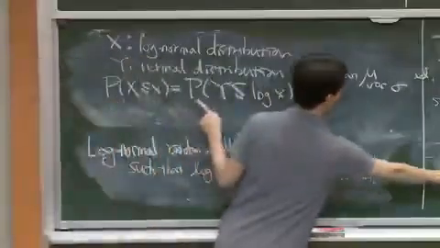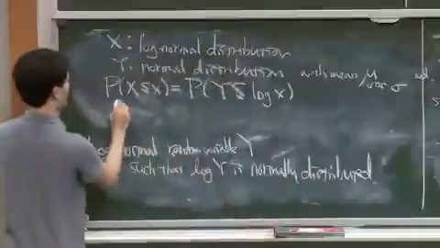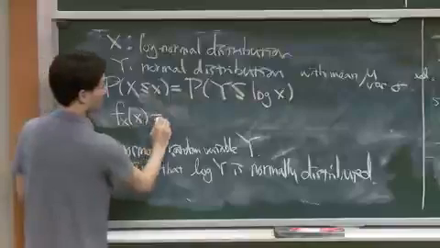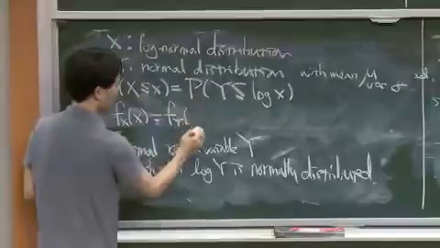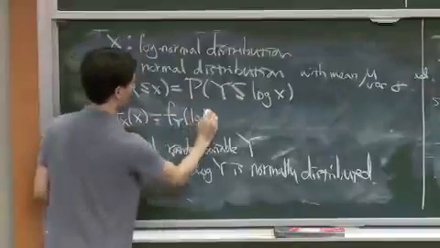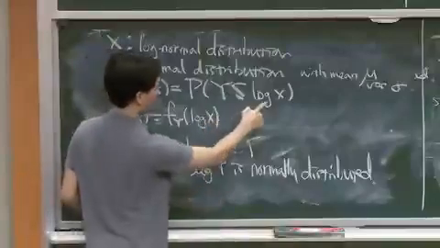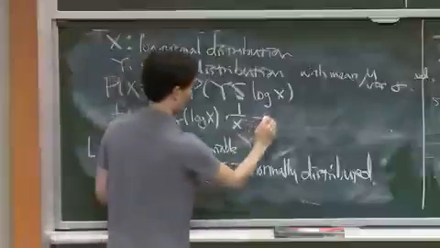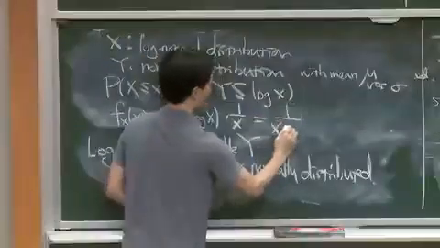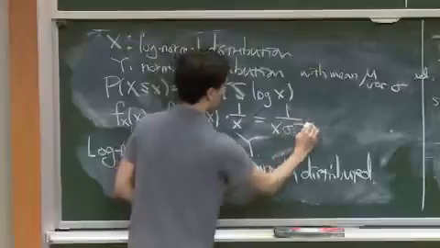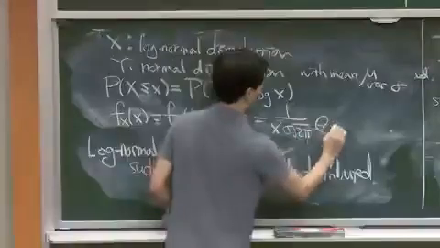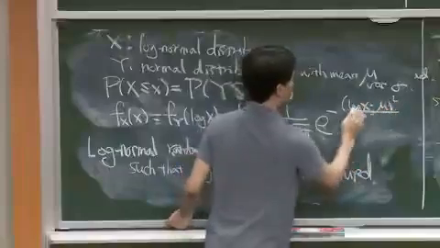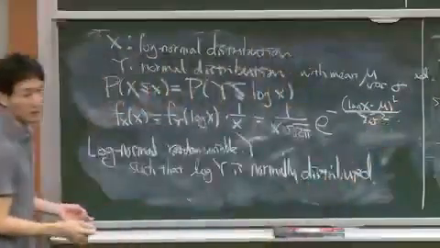Then, by using the change of variable formula, the probability density function of x is equal to the probability density function of y at log x times the derivative of log x, which is 1 over x. So it becomes 1 over x sigma square root 2 pi e to the minus (log x minus mu) squared over 2 sigma squared.